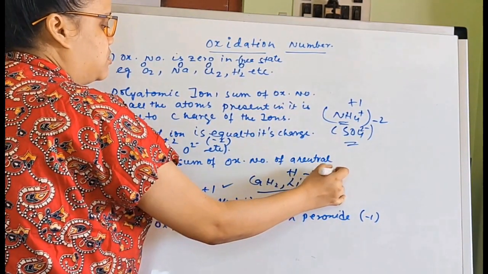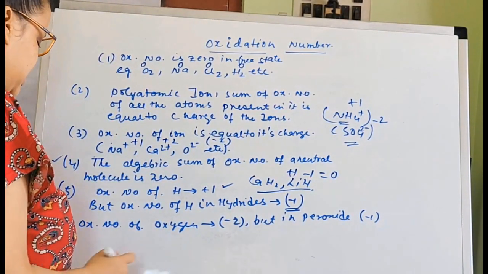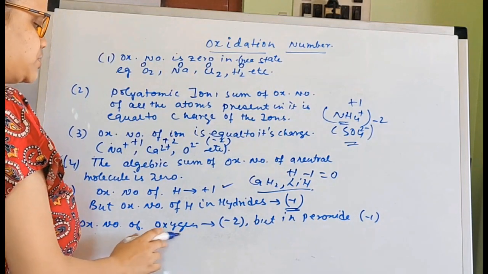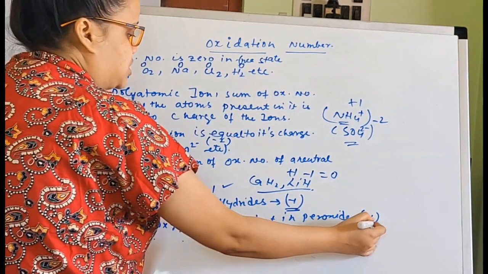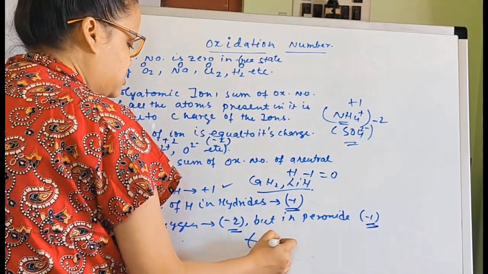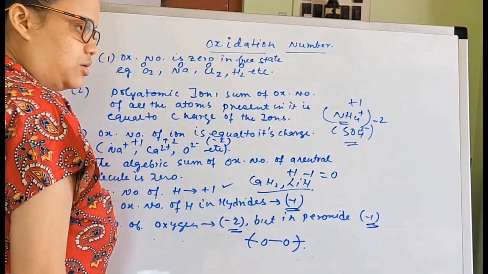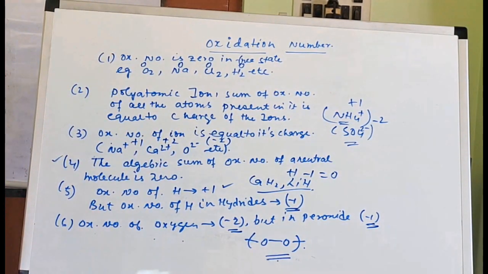Plus 1 minus 1 equals 0, which is given in point number 4. Next, the oxidation number of oxygen is minus 2. But in case of a peroxide bond, the oxidation number of oxygen is minus 1. What is a peroxide bond? This is a peroxide bond. We will see an example for this kind of peroxide bond.